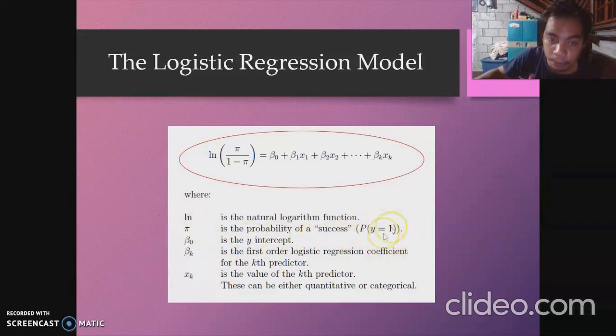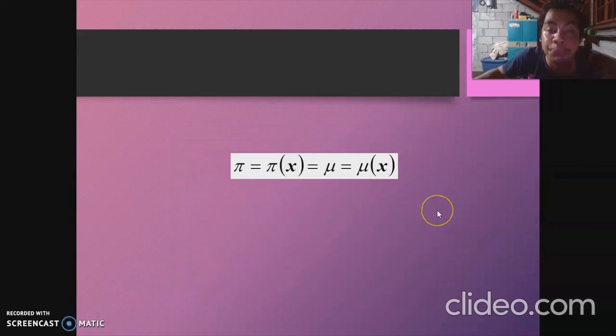So, ito po yung ibig sabihin ng pi sa taas. Coefficient 0 is the y-intercept. Coefficient k is the first order logistic regression coefficient for the kth predictor. And Xk is the kth predictor, which can be either quantitative or categorical.